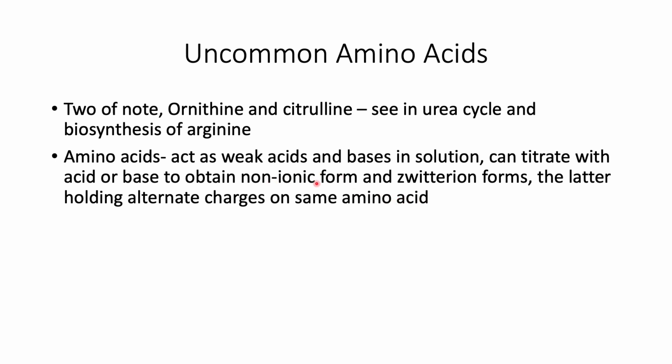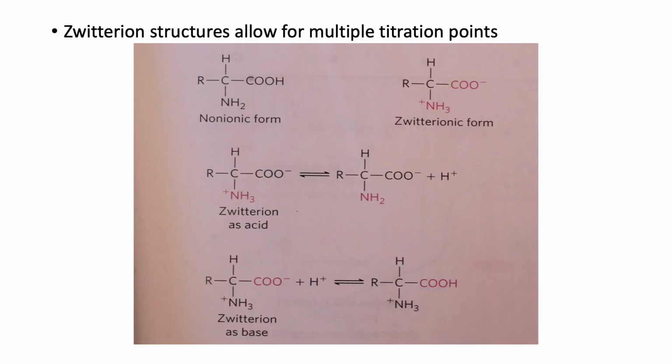And then the non-ionic form, if you can progress the titration to a given point. So when we look at the non-ionic form, we have structures such as this. Again, R is a constituent group, and the amine and the carboxyls are forming the peptide bond as you get a protein form.